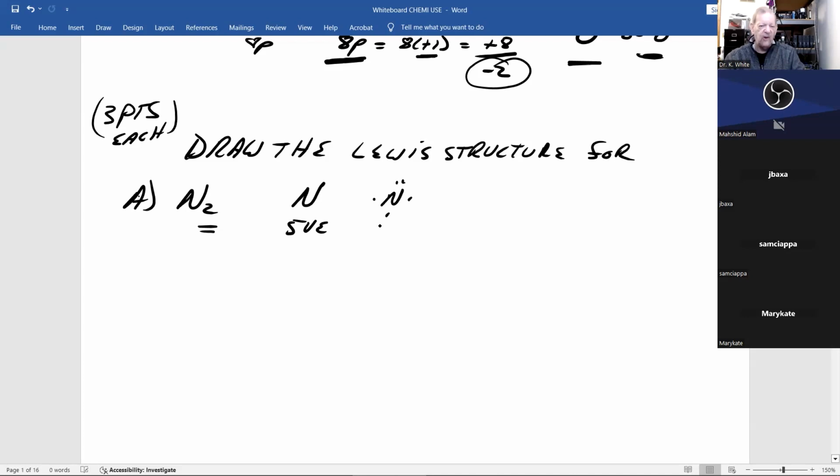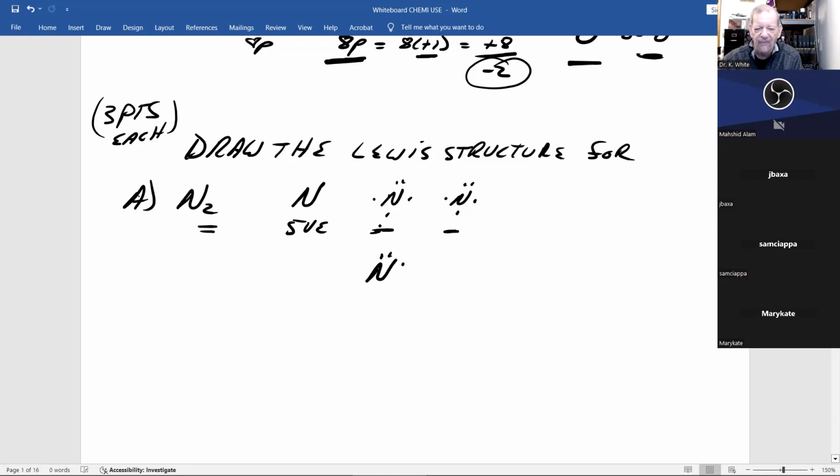And here's the Lewis structure for nitrogen. But there are 2 of them. And this nitrogen says to this one, I've got 3 unpaired electrons, the single dots. You have 3 unpaired electrons, a single dot. Let's share. And they do.